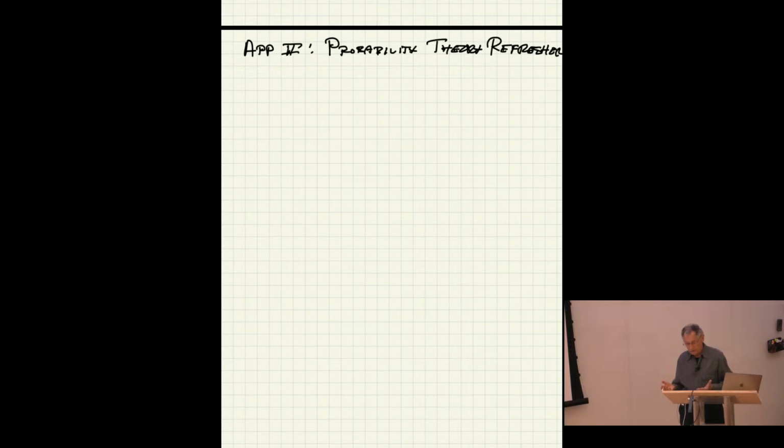This is going to be Appendix 2, Probability Theory Refresher. And I call it a refresher because hopefully you've seen some of this before. If you haven't, then what I'm going through is not so much proof of the things I'm going to say, but a description and some indication as to why they're true.